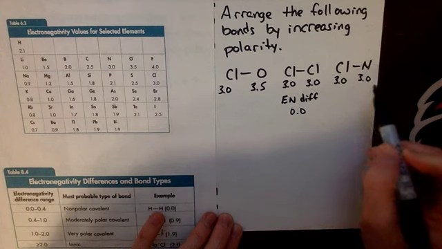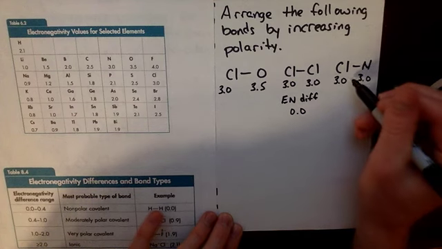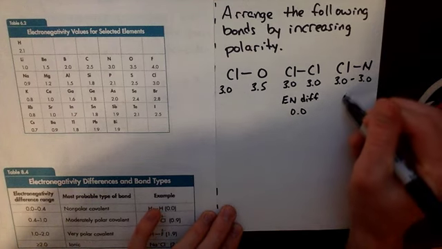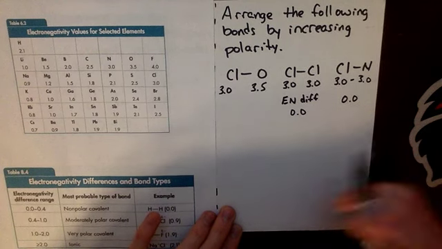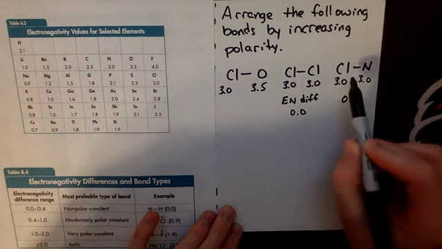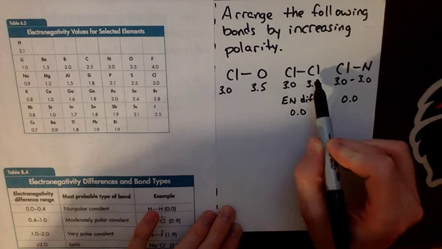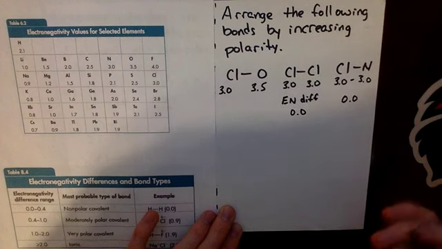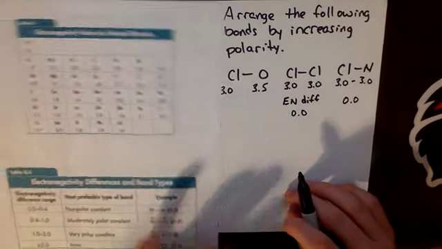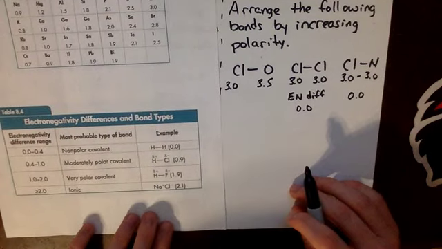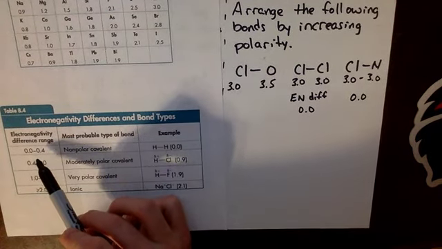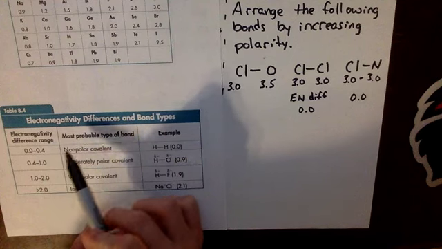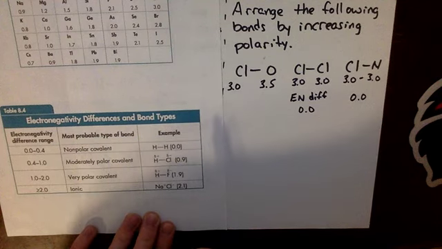This one, it might look like the electronegativity difference is 0.0, because when you subtract these, it looks like it's going to be 0.0. And technically it is. However, in any bond that is not an element bonded to itself, it is going to be somewhat polar. Now, I don't want you to be too confused here, because this chart over here, where 0 to 0.4 difference is nonpolar, that's definitely true.